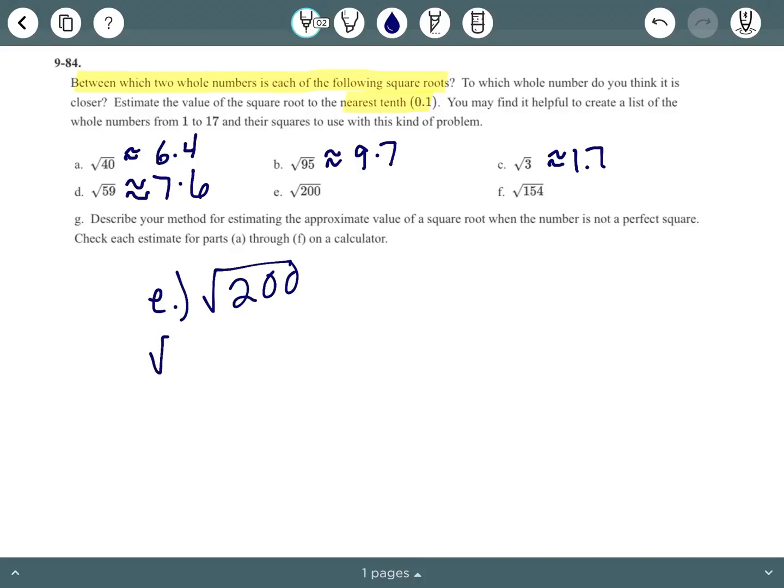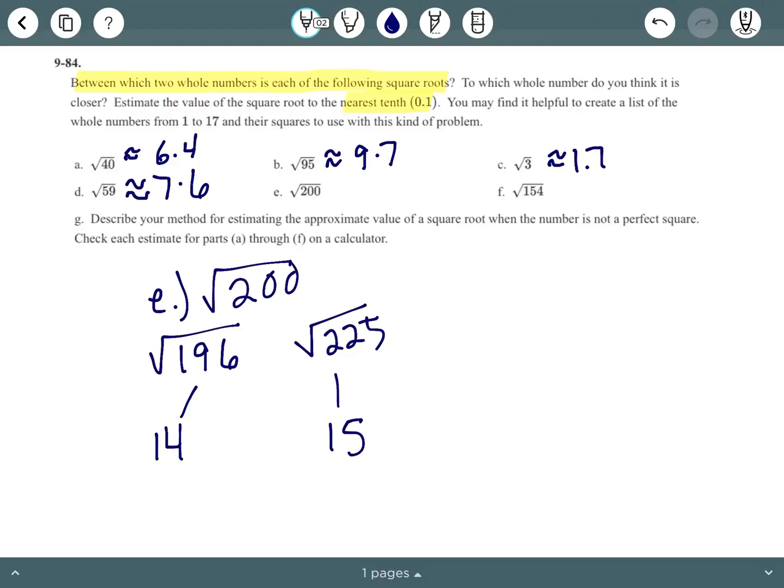That is a perfect square. And the square root of 196 is 14. And then the next closest square that would be above 200 is going to be 225. Now, the square root of 225 is 15.